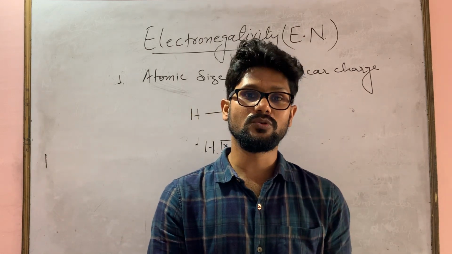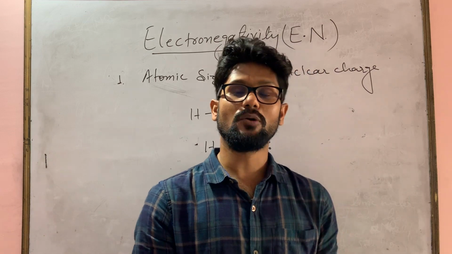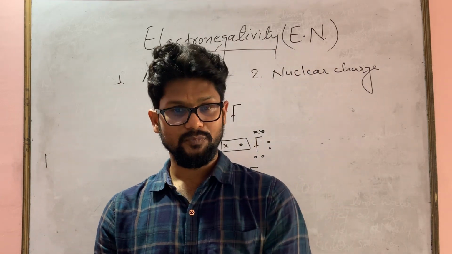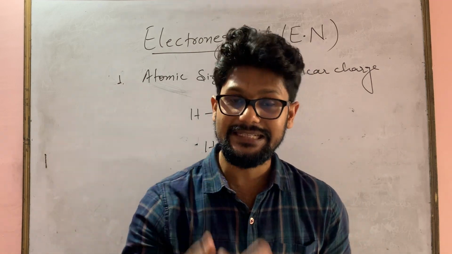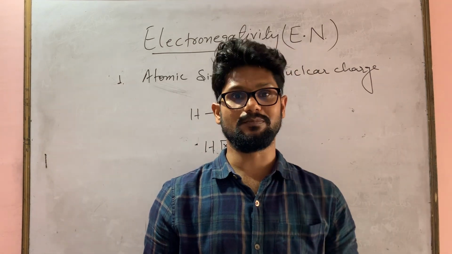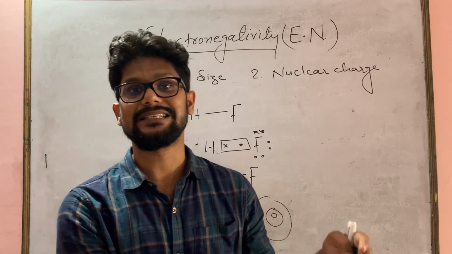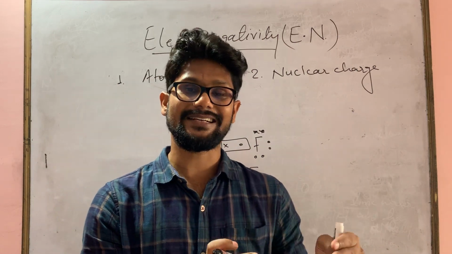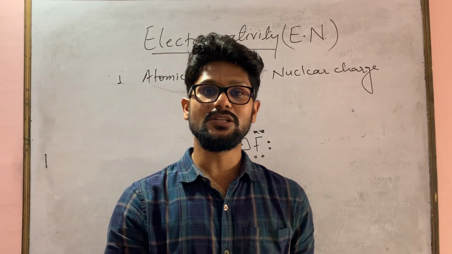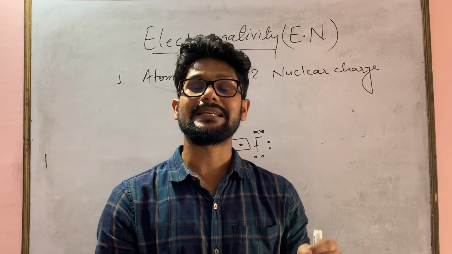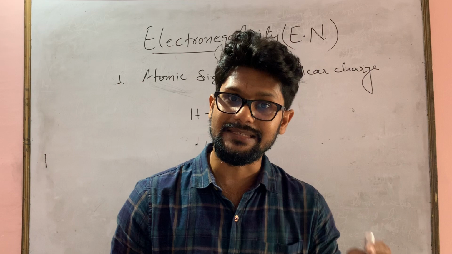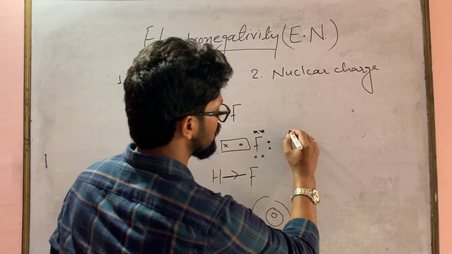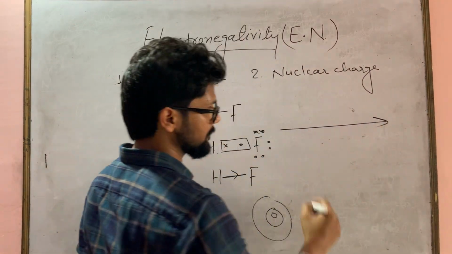So what is the conclusion? As we go across a period, atomic size decreases, nuclear charge increases, the force of attraction or tendency to attract the electrons increases. It means electronegativity increases as we go across a period.